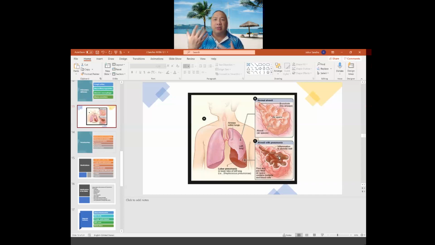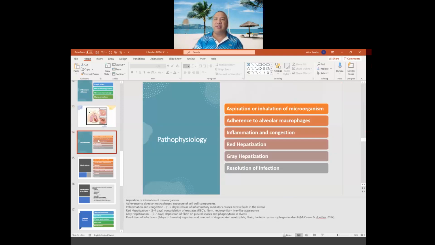Now the resident will present with difficulty of breathing. The resident will have low oxygen because there is no exchange of oxygen and carbon dioxide. So here is the simple pathophysiology of pneumonia in the elderly.